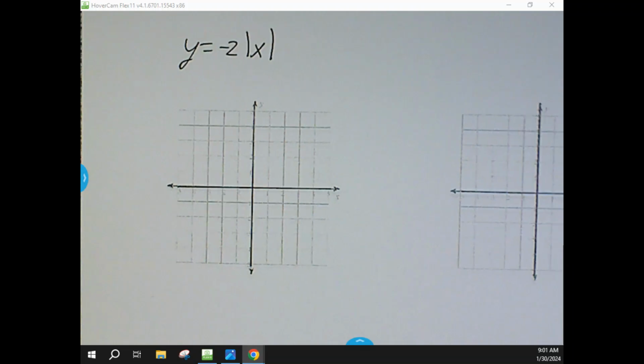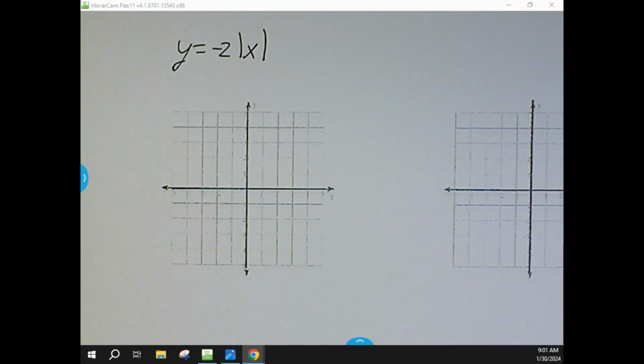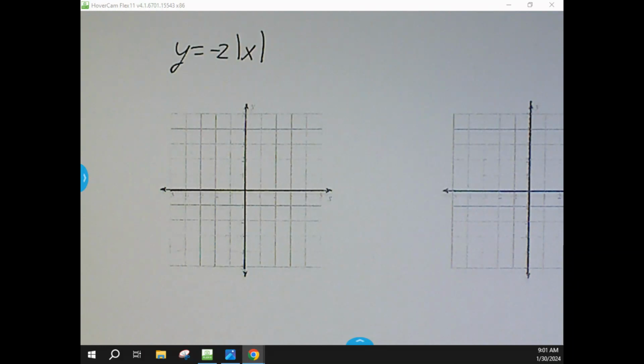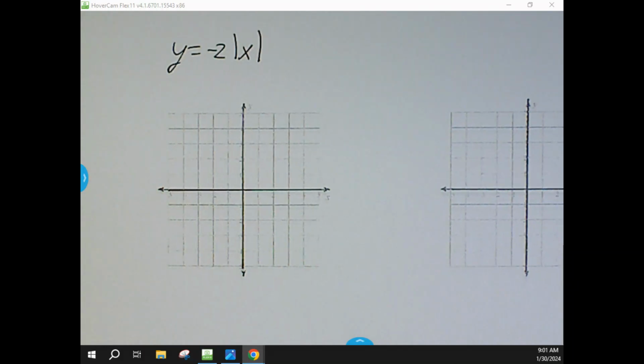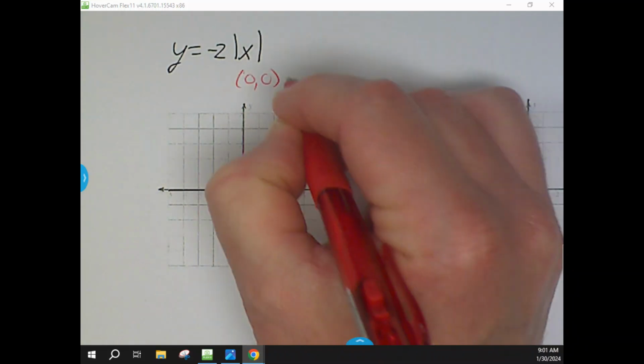We got -2 times the absolute value of x. Okay, no numbers behind it, so vertex is at 0, 0, so that didn't change any at all.